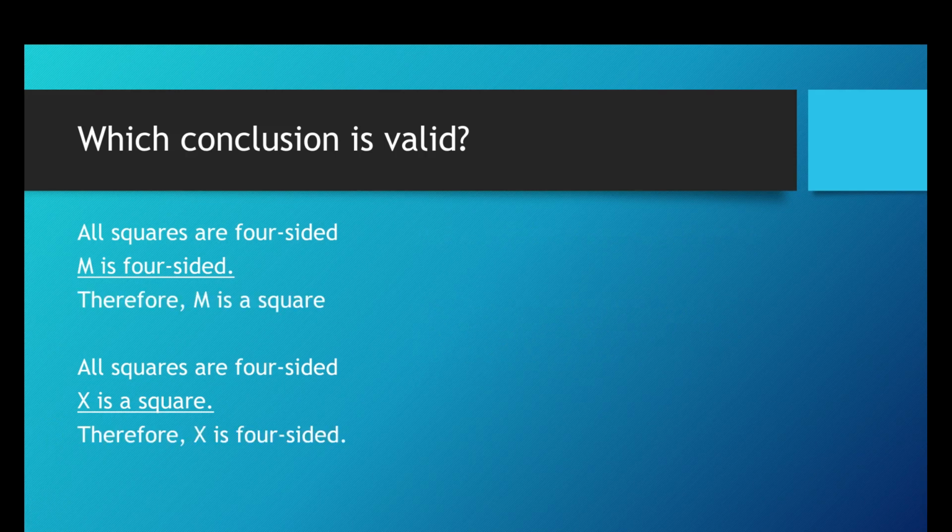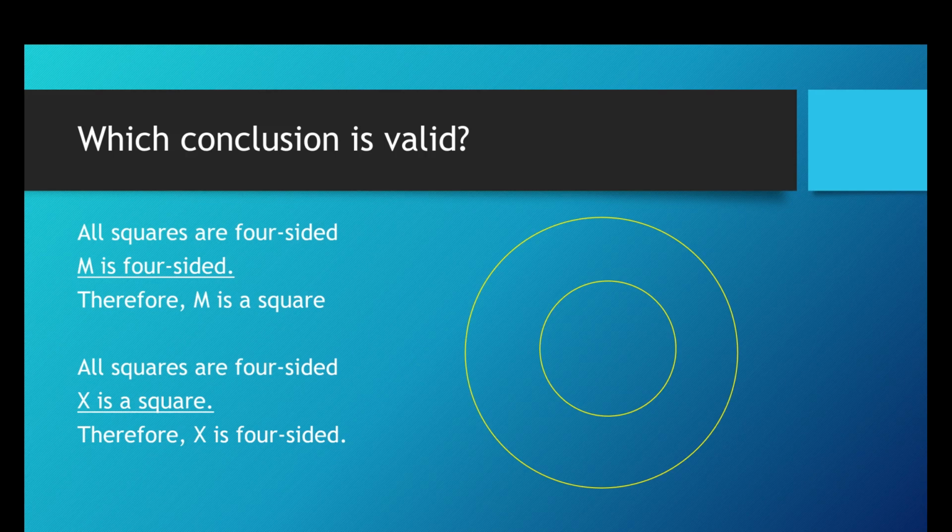Okay, hopefully you gave it a try. So here goes our picture. Here are two circles, one inside the other. Four-sided things is on the outside and squares is on the inside because all squares are four-sided. Squares is the first, more specific thing. Four-sided things is the second, more general thing. Now X. X is a square.